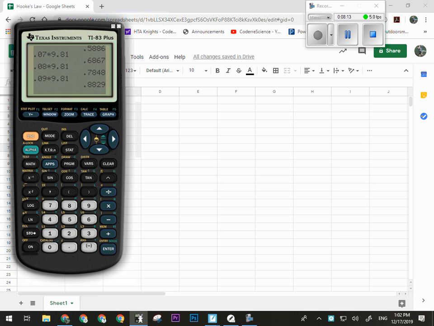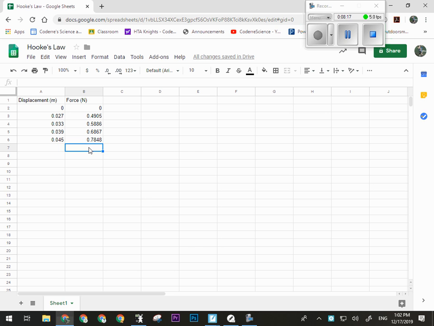Okay, so we got 0.8829 newtons on there. And it's exactly what it should be, which is 0.051 meters in length. Okay, so now I'm going to build a quick graph out of this, and I'm going to ask you to calculate something from it for me, actually a couple of things.